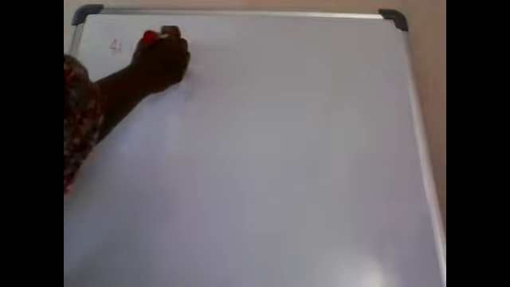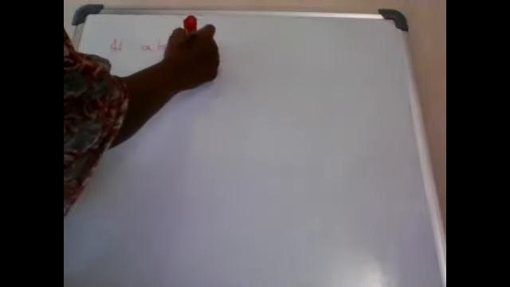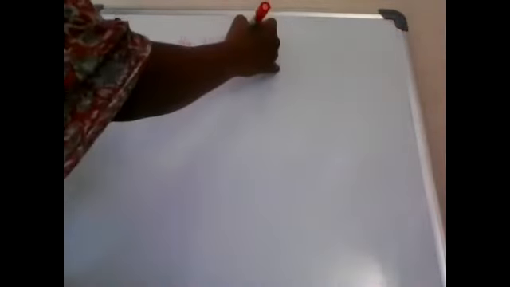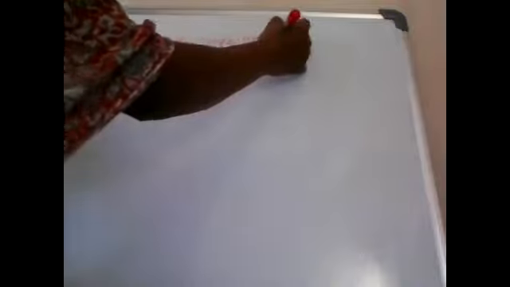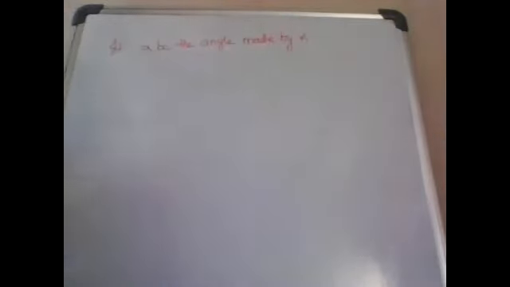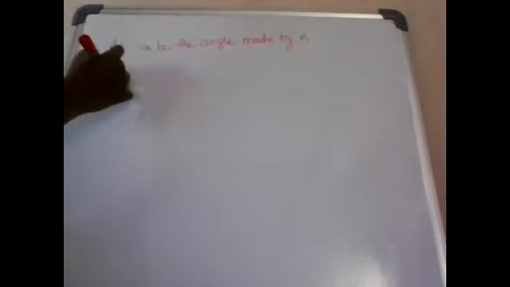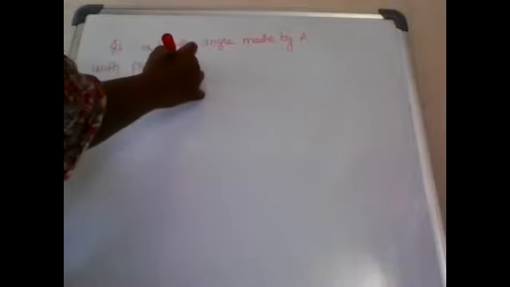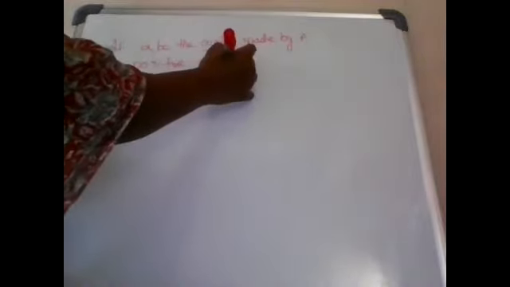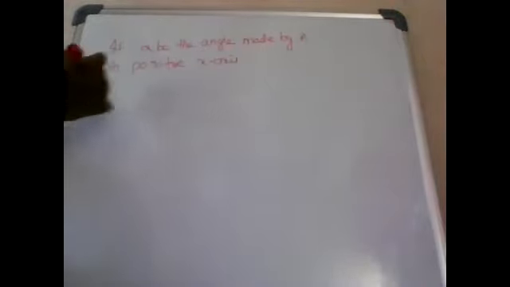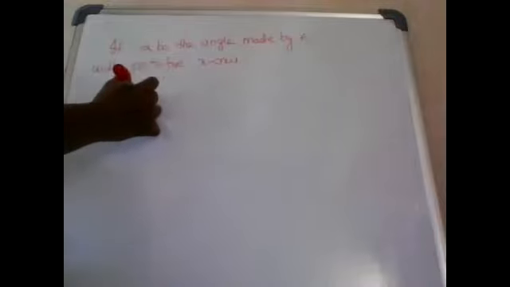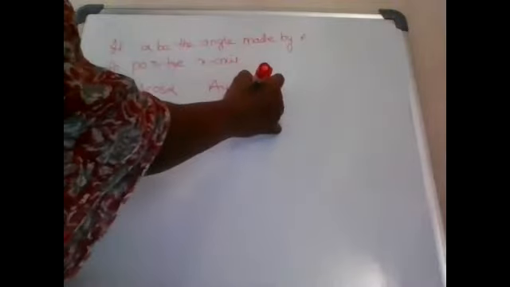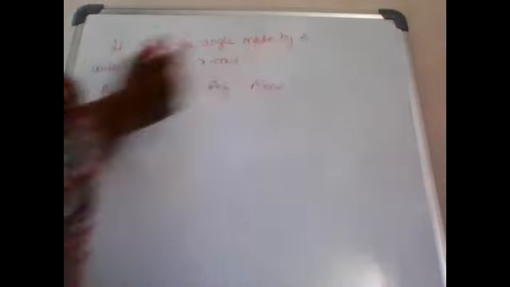If alpha is the angle made by capital A with the positive x axis, then A suffix x equals A cos alpha and A suffix y equals A sin alpha.